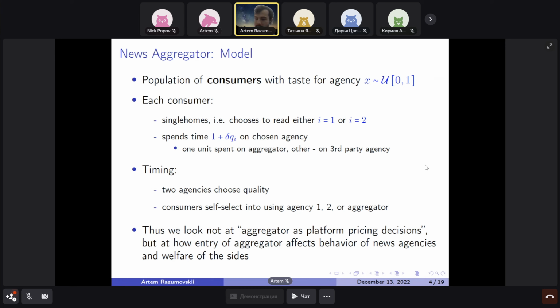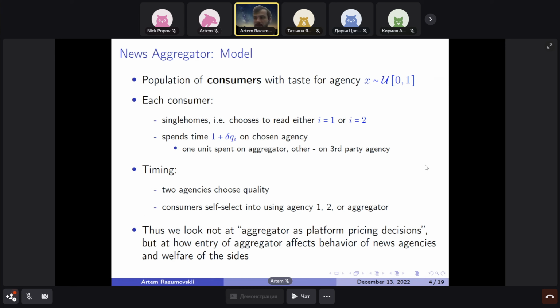The consumers can choose not only between agency 1 and 2, they can go to the aggregator first and spend time there. So you will split the two groups of consumers which were before sitting on the two agencies. Now they are choosing between the aggregator and agency 1 and 2, so we will have 3 groups of consumers.